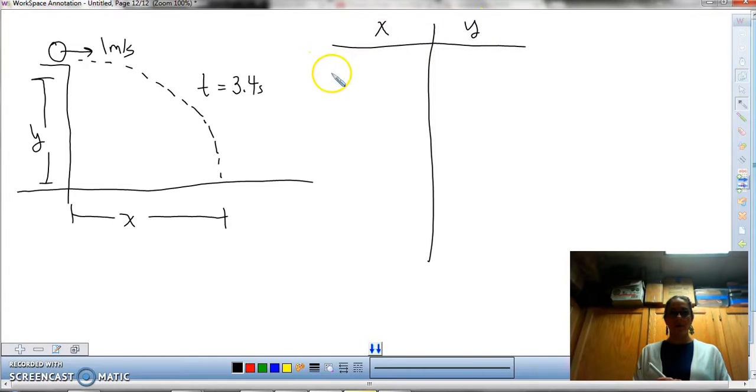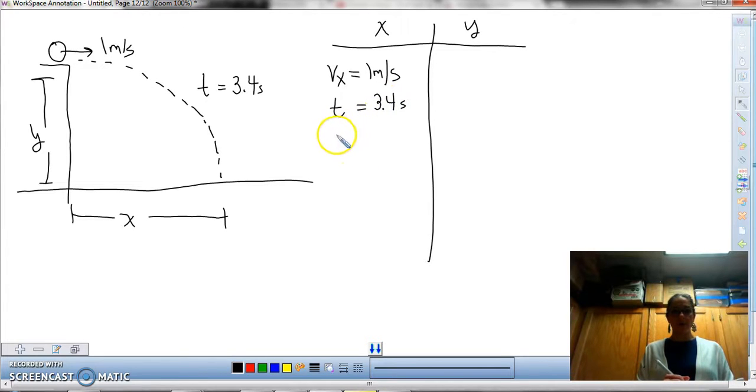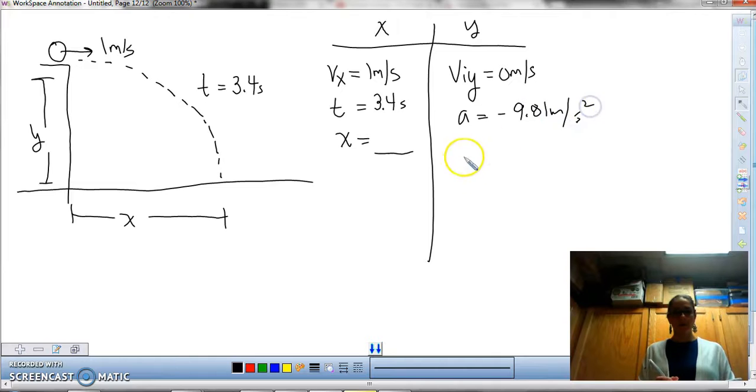Here we go. Vx is 1.5 meters per second. Time is 3.4. And we're looking for x, so that's actually pretty straightforward. We have vi, remember, for a horizontally launched projectile, 0. We have acceleration, so these are two things not given but implied. We have time.